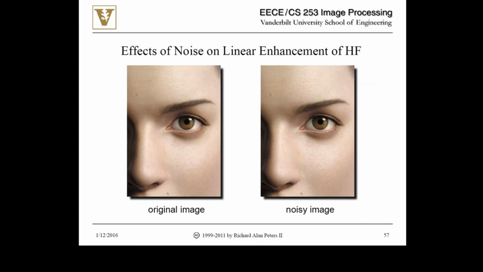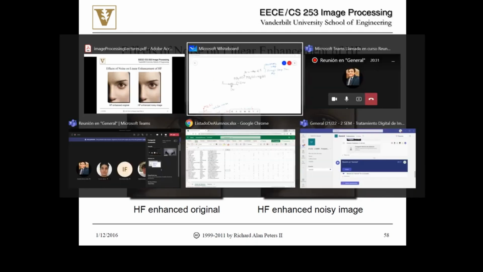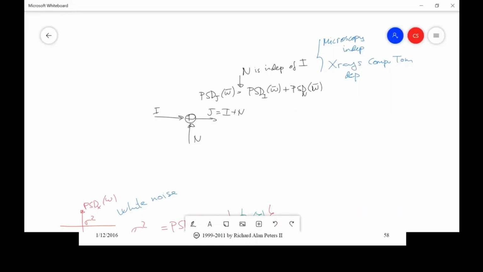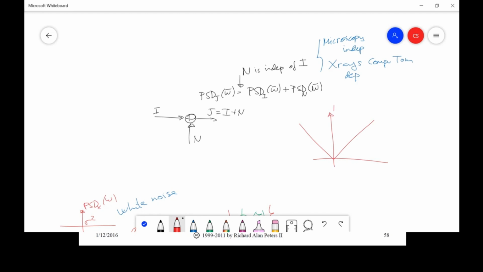Here we have the clean image, and the noisy image, that is clean plus noise. And now we boost the high frequencies. We do a sharpening as we were doing before. What is the sharpening doing? We already know the sharpening is multiplied by this kind of filters.